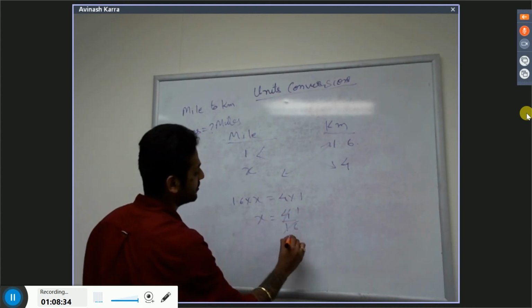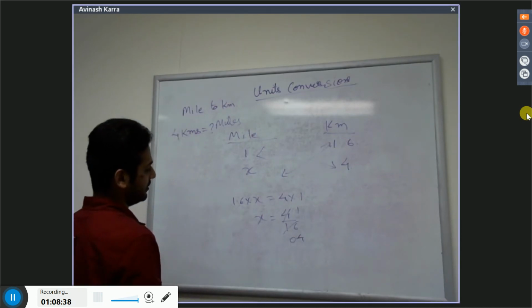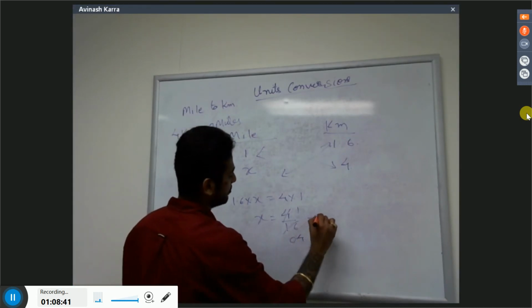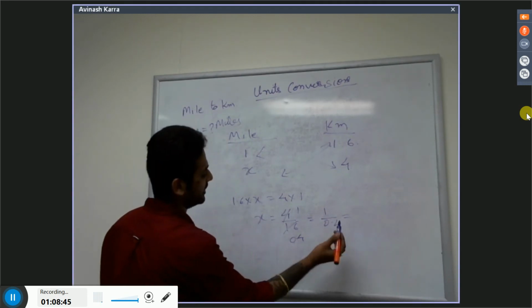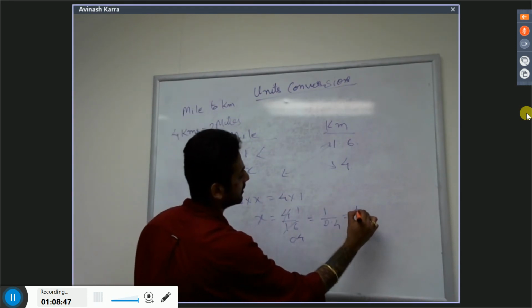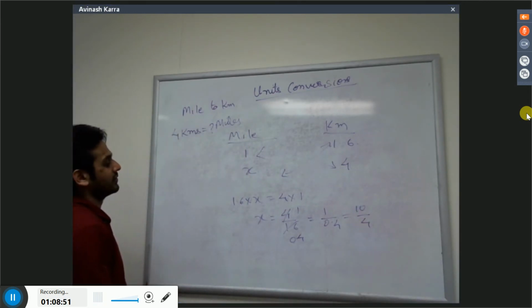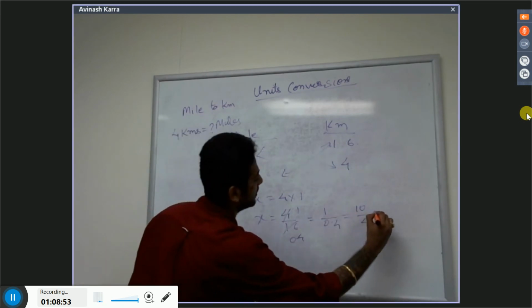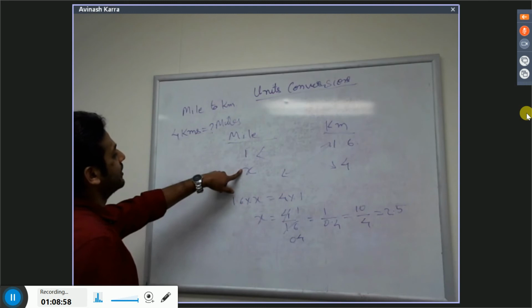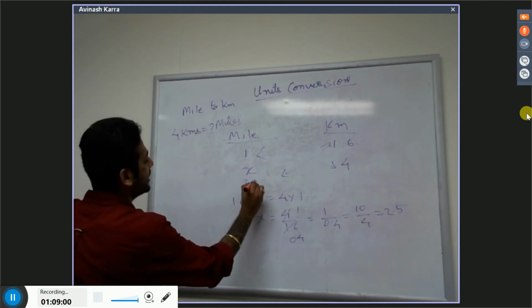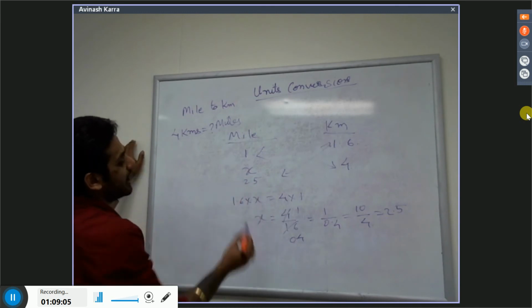If I remove the decimal, I'll get 40 by 16, which is nothing but 2.5. So X is equal to 2.5. So 4 kilometers is equal to 2.5 miles approximately.